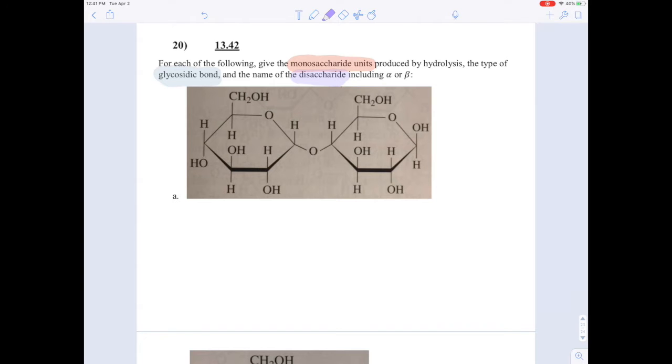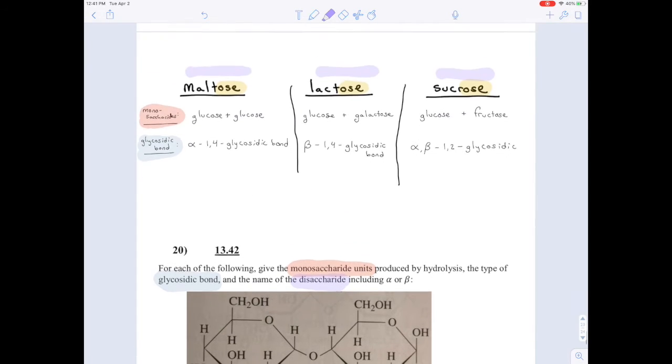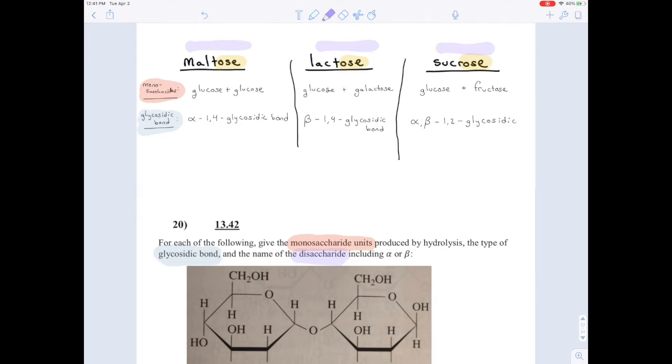Is this maltose, lactose, or sucrose? So here's a table of the three main disaccharides that you would want to know for Chapter 13. Maltose, lactose, and sucrose. They're all sugars. You can see the ending, OSE, that tells you that.